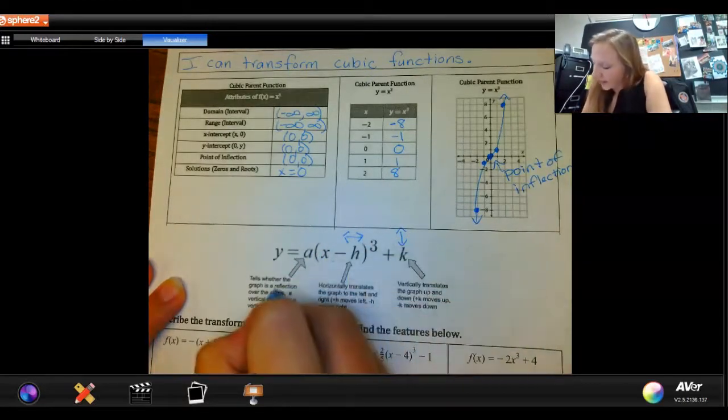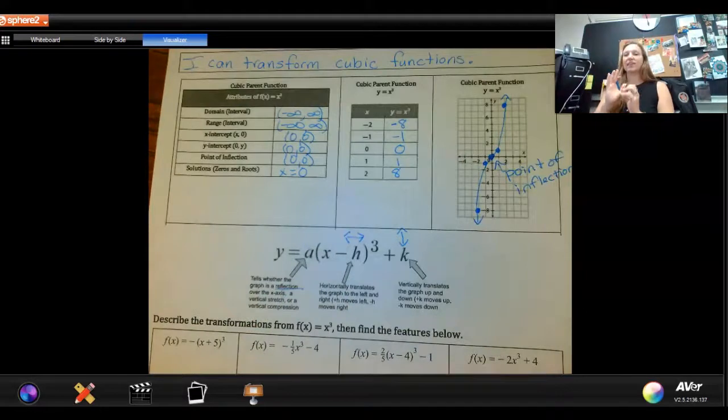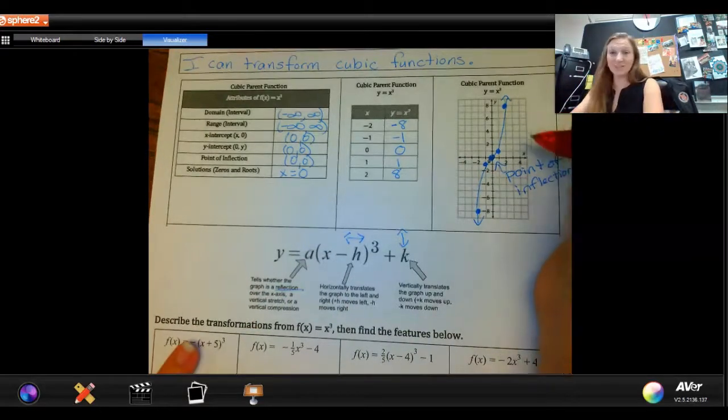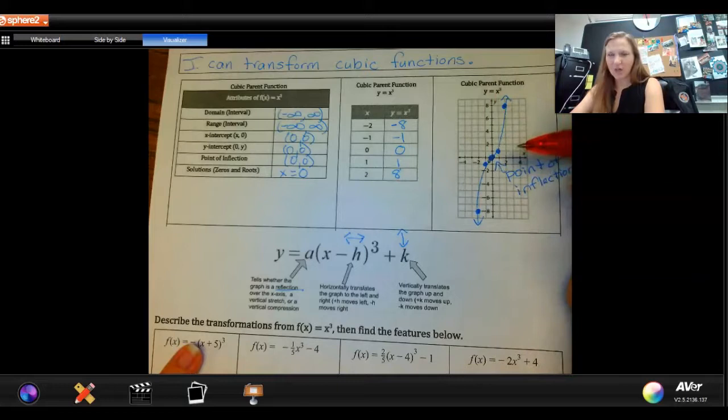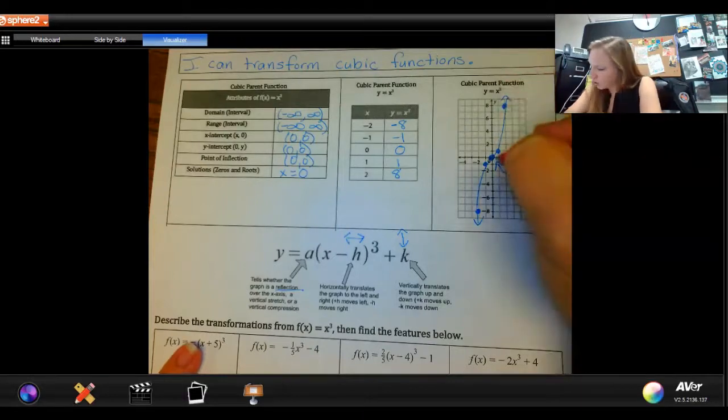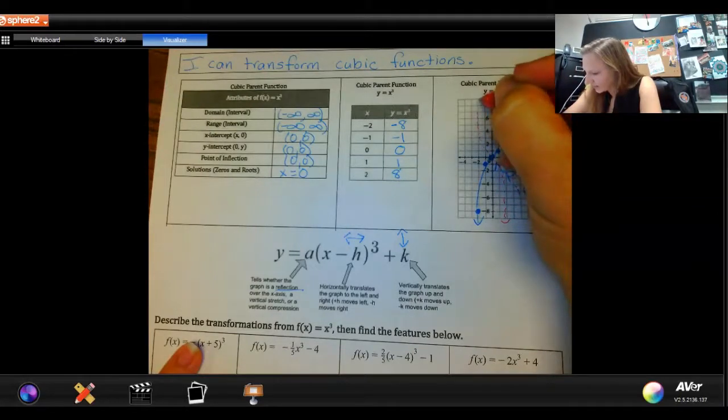And remember that a tells us if it is negative, that is going to be reflected. Keep in mind, for this function, when it reflects over the x-axis, think about folding this paper in half. What would the reflected graph look like if I was going to fold it? Well, this piece right here would be reflected down here, and this piece would be reflected like this.